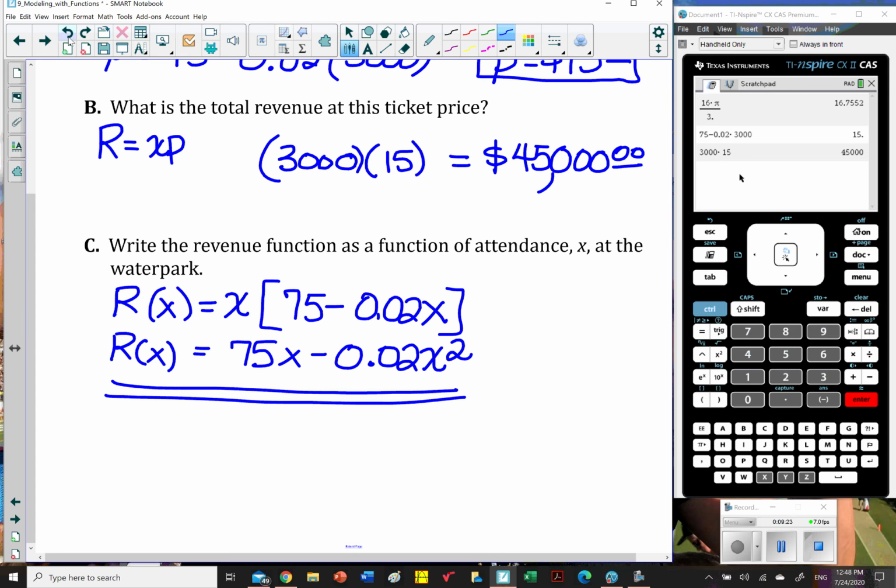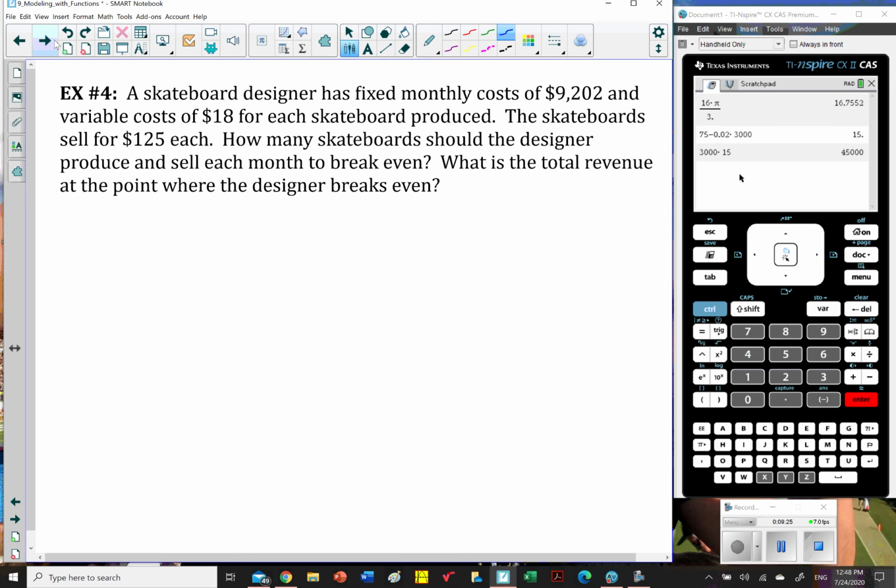Okay, let's try a little bit more complicated business question. So let's say we've got a skateboard designer, and they've got a fixed monthly cost of $9,202 and a variable cost of $18. I'm going to highlight those.